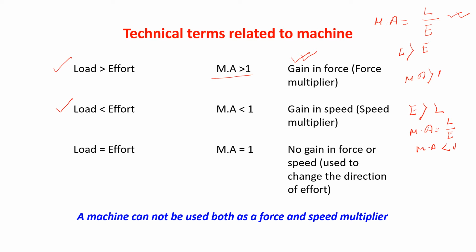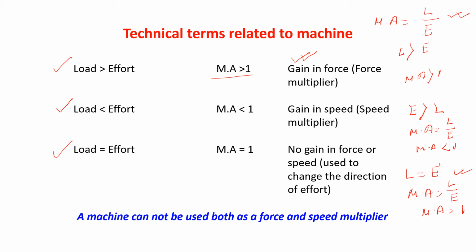Okay. Number 3, when load is equal to effort. These are the 3 cases. This is the ideal case. When mechanical advantage is load by effort, and load is equal to effort, so mechanical advantage is equal to 1. No gain in force or speed.